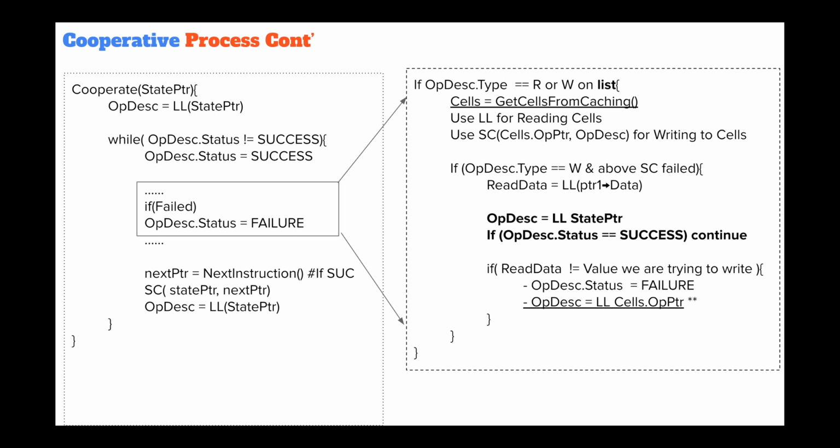So my thought would be that before we proceed with reading the data and checking whether the value matches the thing that you're about to write, you can also read the state pointer and check whether the status is success. If the status is success, you can just ignore this and proceed with the next instruction.